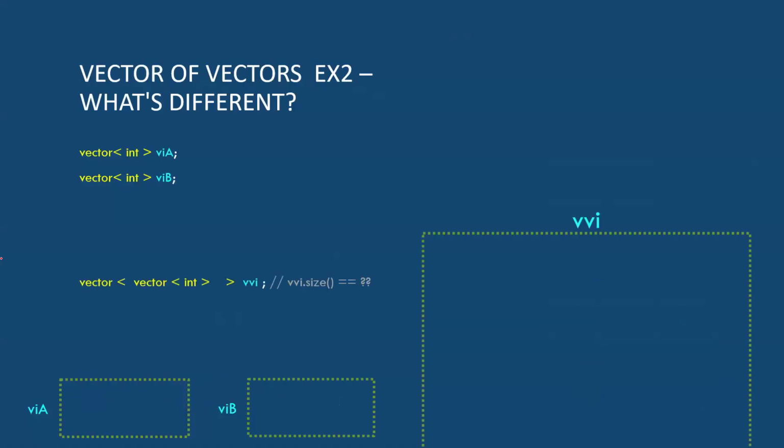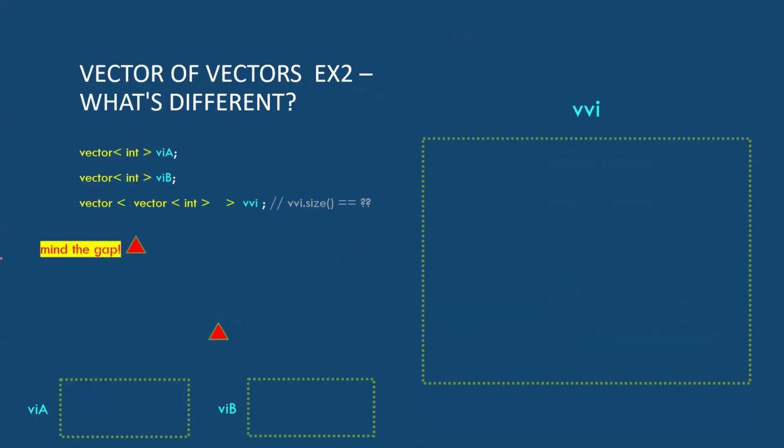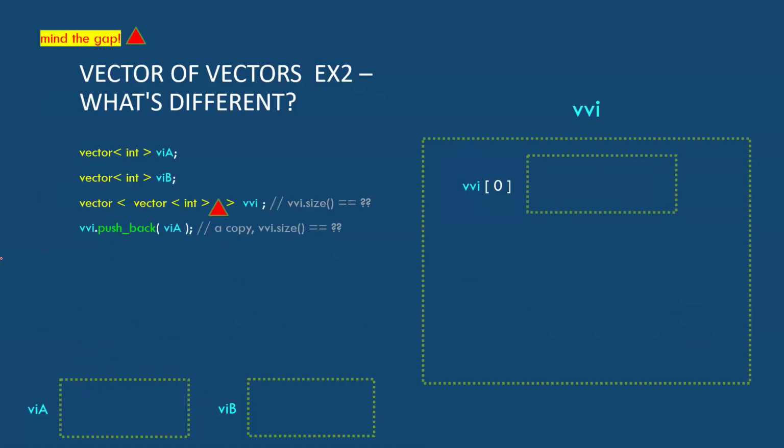So let's take a look at a couple other examples. Here we go. So we got our kind of gap there just for clarity, but again, you can skip that. So I'm going to put an empty vector inside of VVI. Okay. Now I have row 0. So now I can put things in it if I want. But what am I doing? Okay, so VIA, pushback 10 and 9.